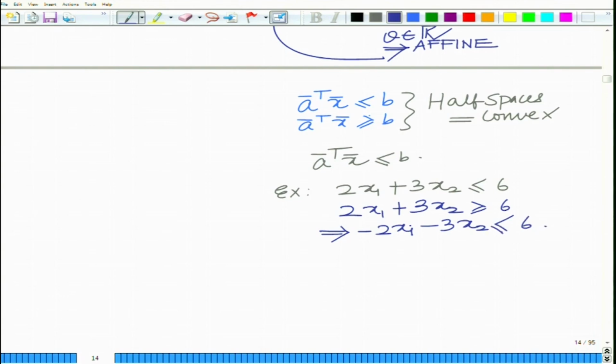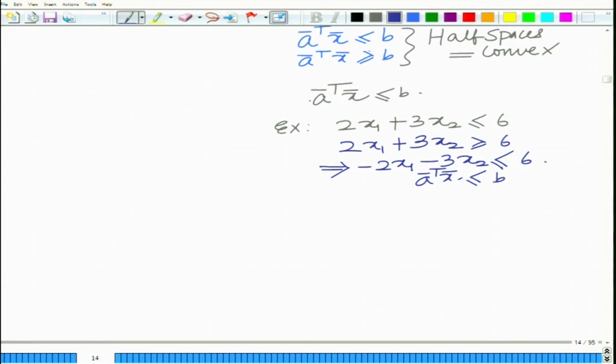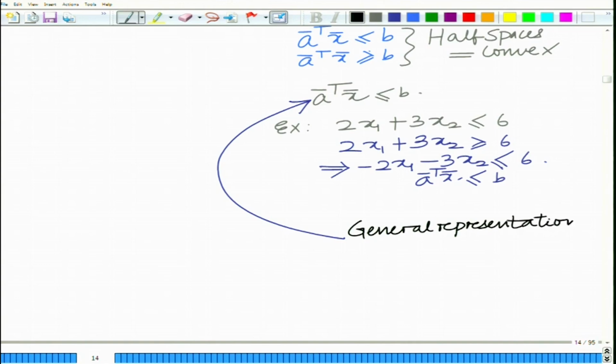So the general equation of a half space is again of the form a bar transpose x bar less than or equal to b. Okay. So a bar transpose x bar less than or equal to b is the general representation of a half space.